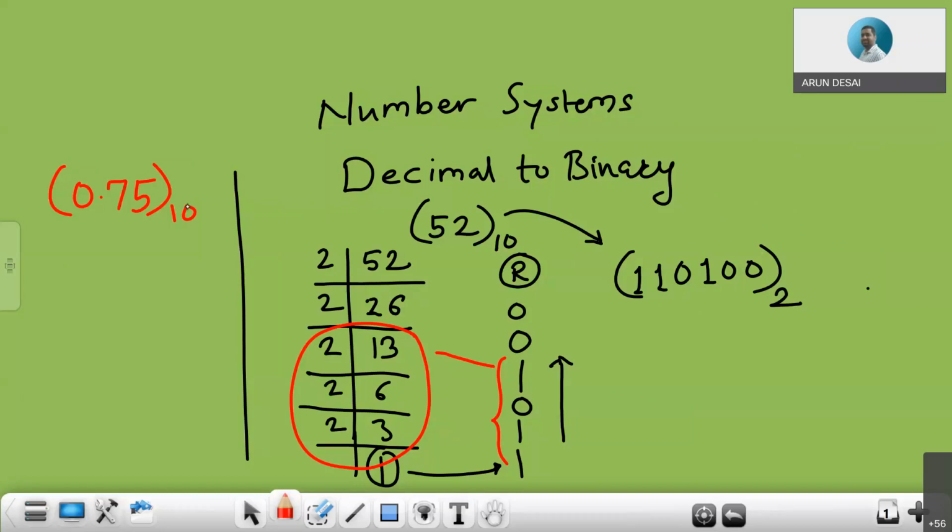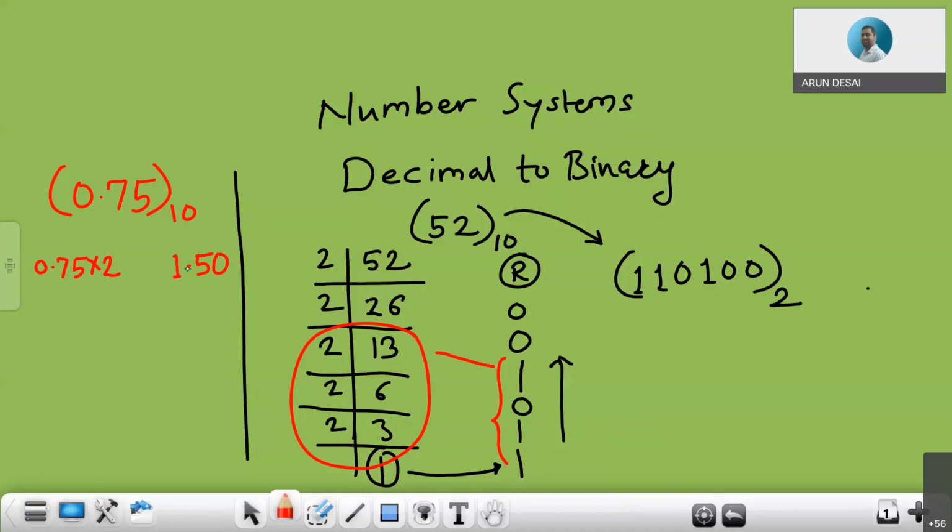Yes, multiply by 2, into 2. That is 1.5. Right, 1.50. So keep this as your binary number first.